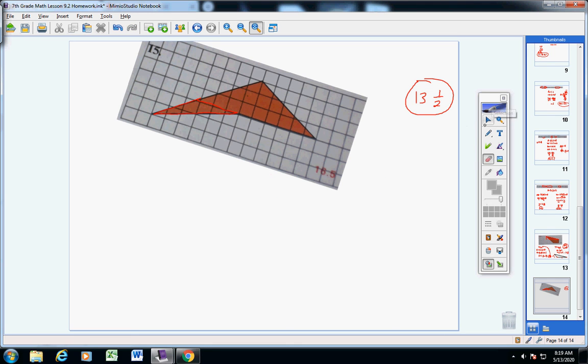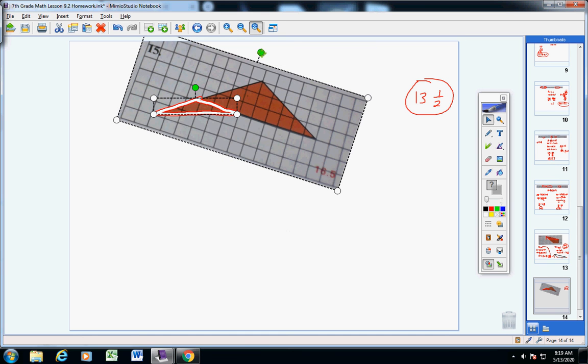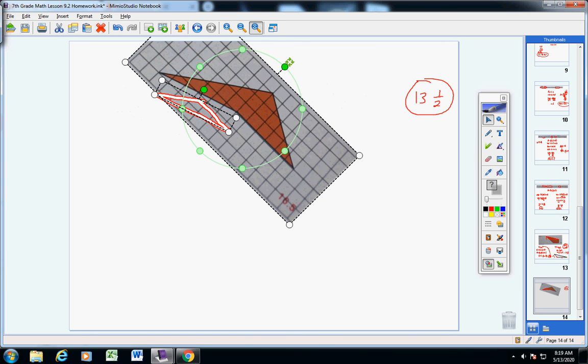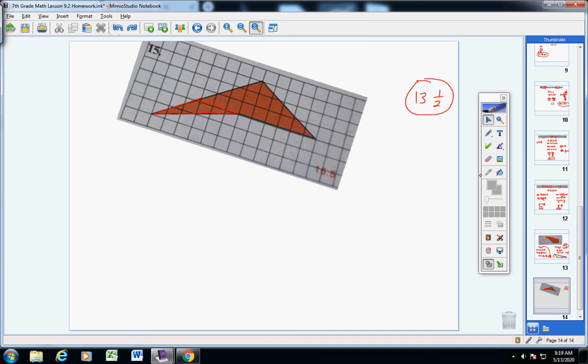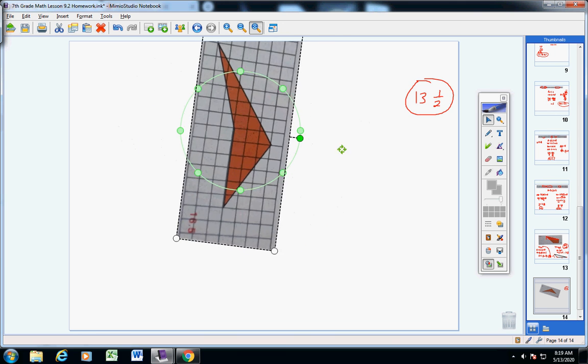Now, there we go. Now, let's turn this thing again. No, that's not going to work. So let's turn this thing again, so that this side right here is my base.